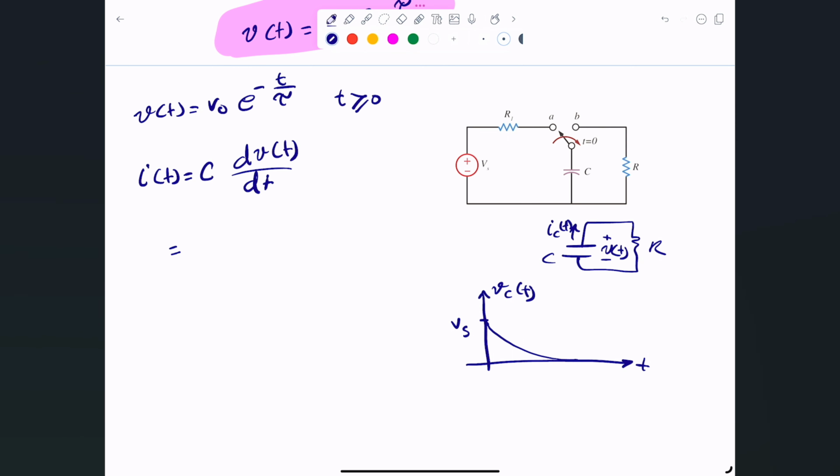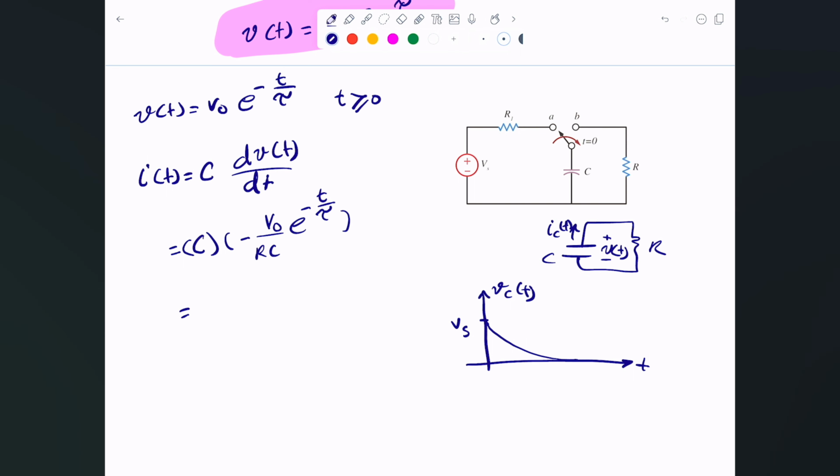So all we have to do is take the derivative of this equation to figure out the current flowing through the capacitor and resistor. That will be C times negative 1 divided by tau or RC. Tau is the same as RC. Times V0 e to the negative t divided by tau. And I believe that will be it.